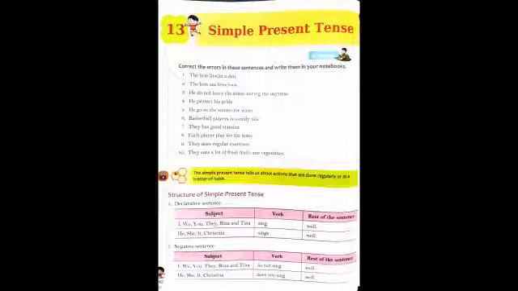Second is the negative sentence. In the negative sentence we use the subject first: I, we, you, they, Rina and Tina. After the subject we write down the main verb, but before the main verb we use not. Do is the helping verb, you will see in the book.